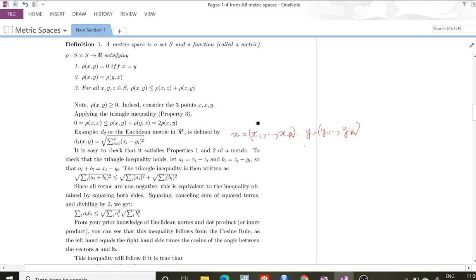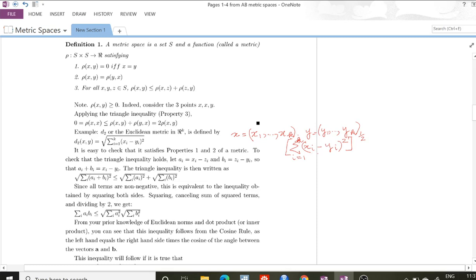So for each coordinate i, take the difference, xi minus yi, square it, add up these sums of squares of differences for all k coordinates, and then take the square root. Right? So that's the standard notion of distance in Rk, and it's just a generalization of the standard Euclidean distance in R2, right?